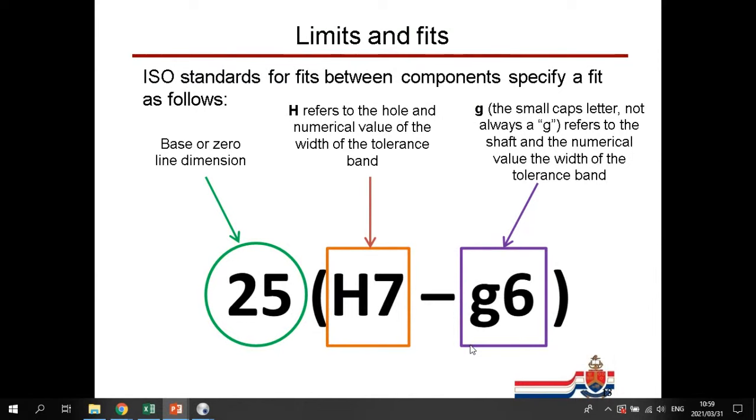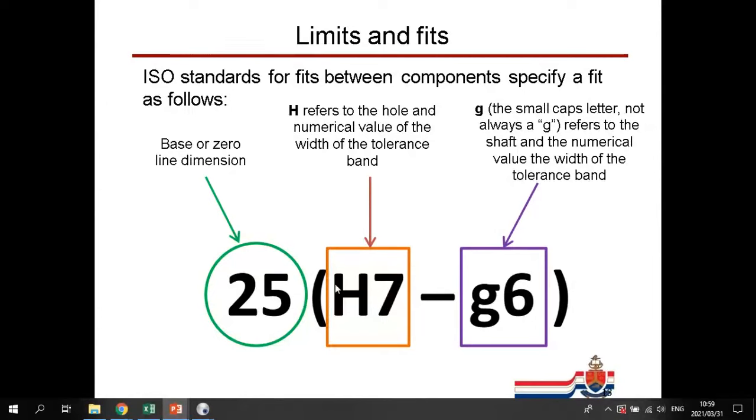Okay, so there is a standardized way to do this, with this weird designation. Basically the number in front is your base or zero line dimension, for example the 10 millimeters in our 10 millimeter example. Then what is inside the brackets is my tolerance.